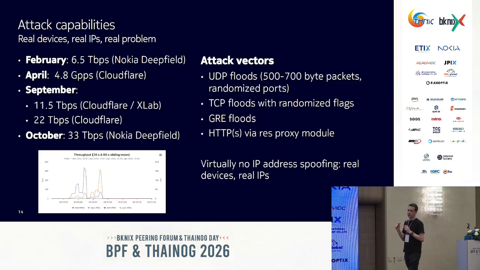What was interesting, though, from a network operator perspective, is that those were not super sophisticated, despite what some news outlets say. These are pretty brute force attacks: massive UDP floods, same packet size. It doesn't really matter because they have so much traffic to send that in the end they didn't need to do something super clever. They just sent a ton of traffic to the victim.